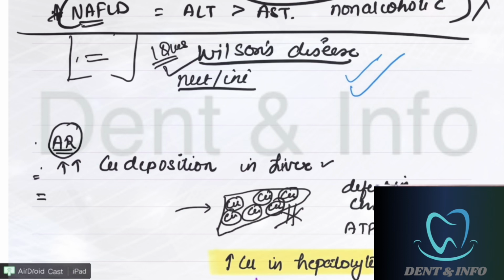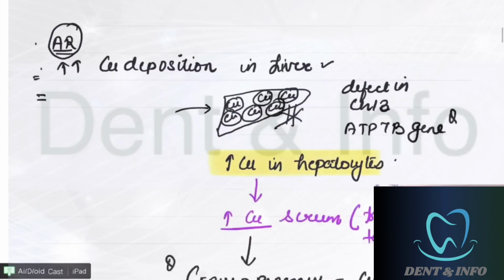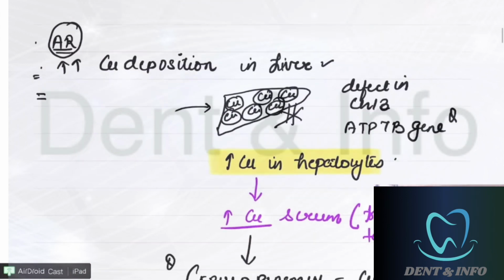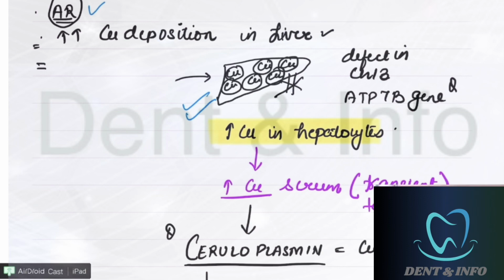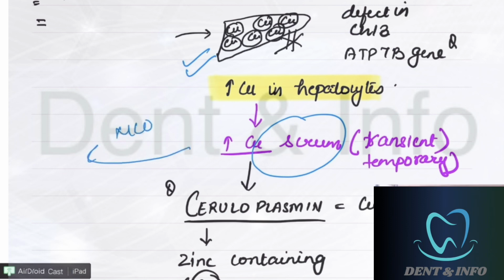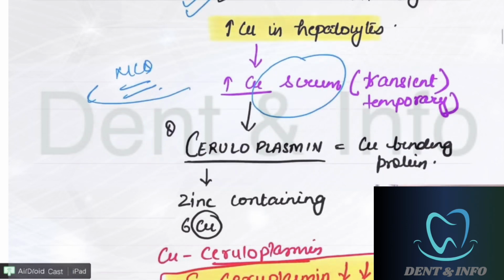Okay, next, Wilson's disease. Wilson's disease is very important. Autosomal recessive. What happens? Copper gets deposited in the liver. The ATP7 gene on chromosome number 13 is defective. So what happens? Temporarily serum copper rises. Transient, temporary. That is why in the MCQs which we discussed, this was the answer which is not seen in Wilson's.